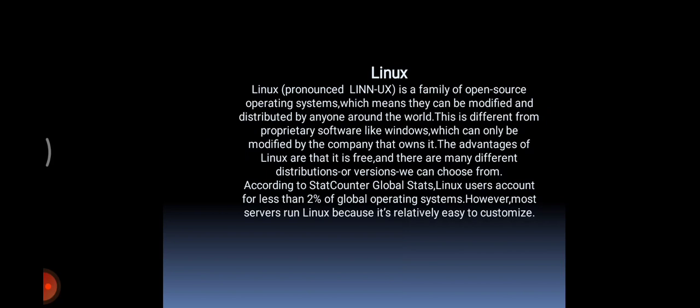The advantages of Linux are that it is free and there are many different distributions, or versions, we can choose from. According to StatCounter Global Stats, Linux users account for less than 2% of global operating systems. However, most servers run Linux because it's relatively easy to customize.